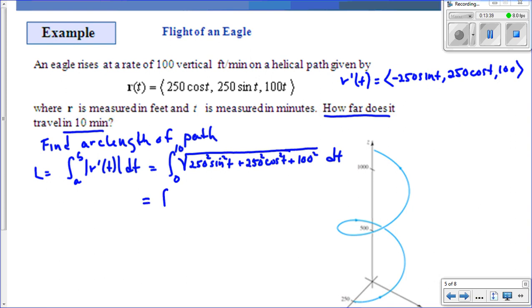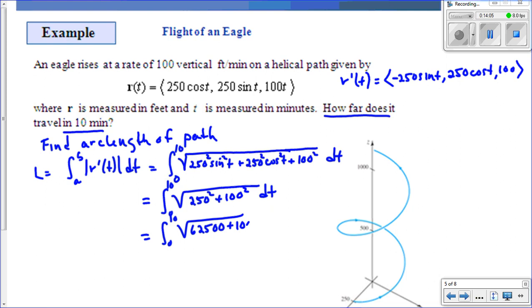If we take the first two terms under the radical and factor out the 250 squared, we get sine squared plus cosine squared. So this becomes simply 250 squared plus 100 squared. Now 250 squared is actually 62500.